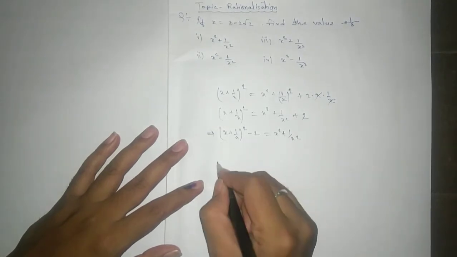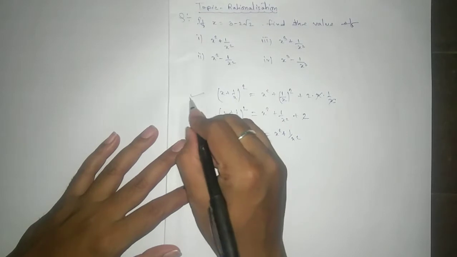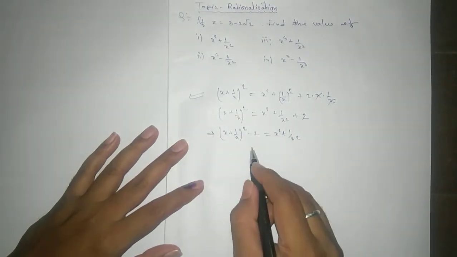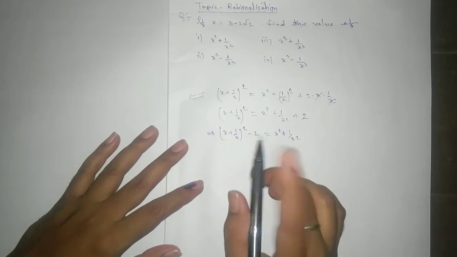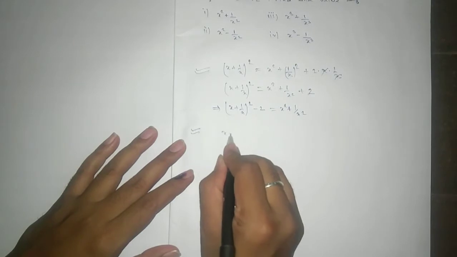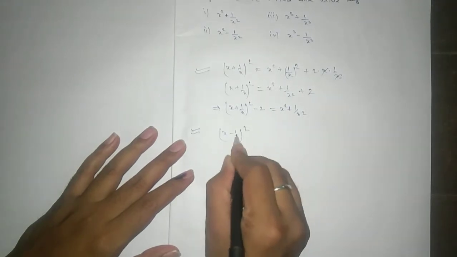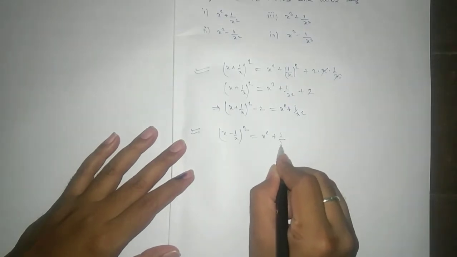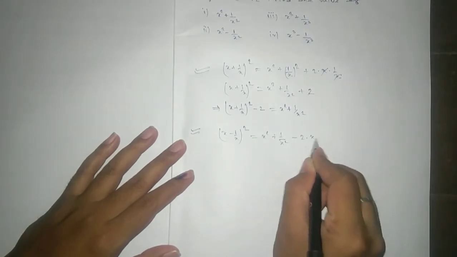That means x square plus 1 by x square equals x plus 1 by x whole square minus 2. We have this formula. There is another formula related to this one, so we need to know both formulas, and we apply whichever one fits what is given. Let's go for another one, that is x minus 1 by x whole square. It means a square plus b square minus 2ab.